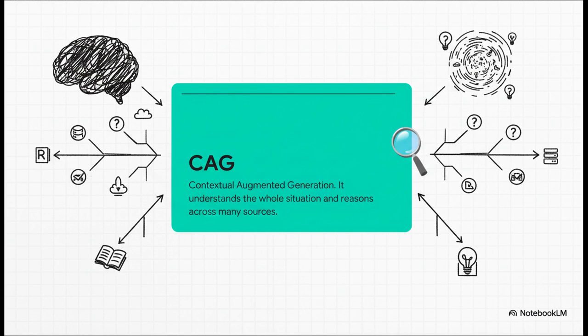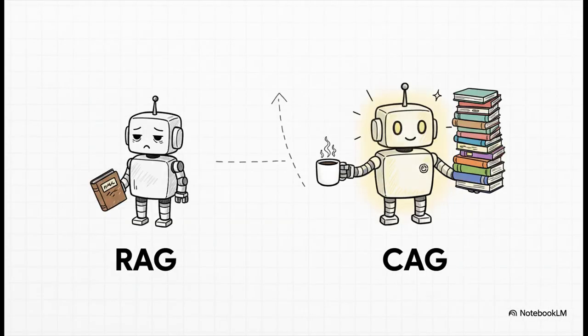It pulls information from a bunch of different sources and, this is the most important part, it reasons across all of them to put together a really cohesive, intelligent answer. I love this way of putting it. If RAG is like a student quickly flipping through one textbook for an answer, CAG is the student who drank a strong coffee, read the entire library, and now actually understands the subject on a deep level. It's a major level up.